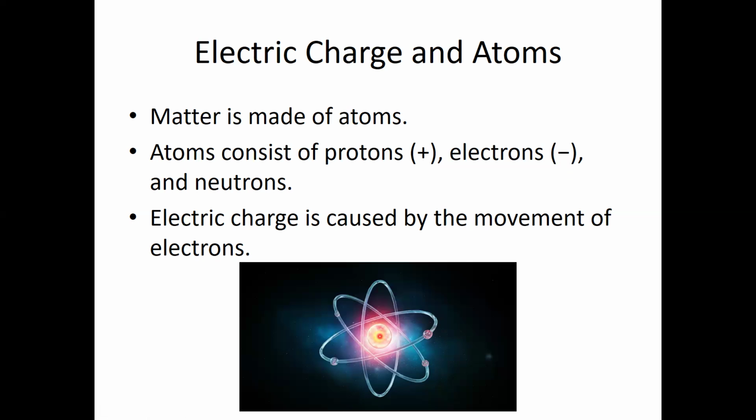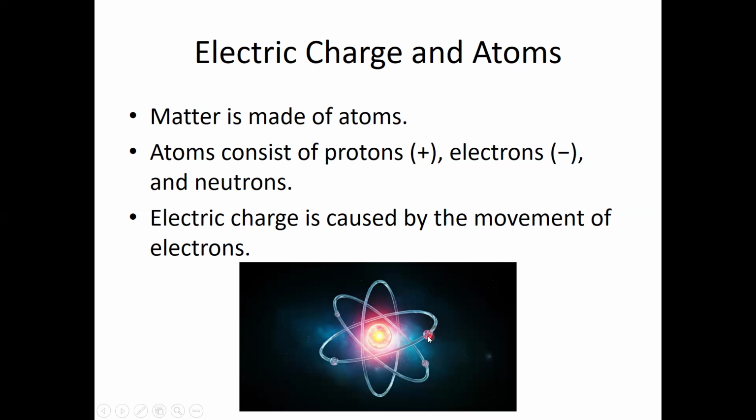So as we see in the first slide, the electric charge is caused by the movement of electrons. When the electrons move in the orbit, as shown right over here, there is a generation of electric charge. However, these electrons, which are linked to the orbits of the atoms, need to be free electrons.